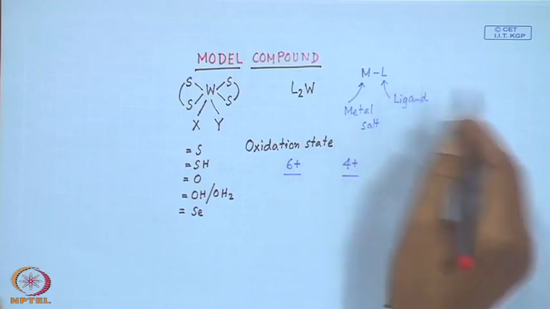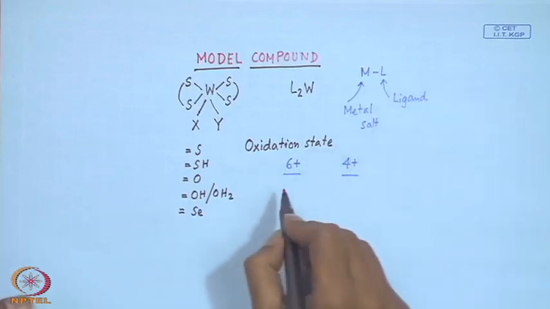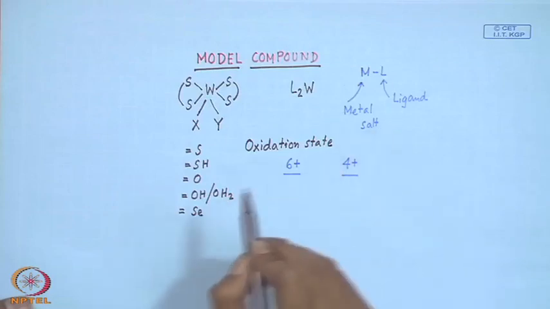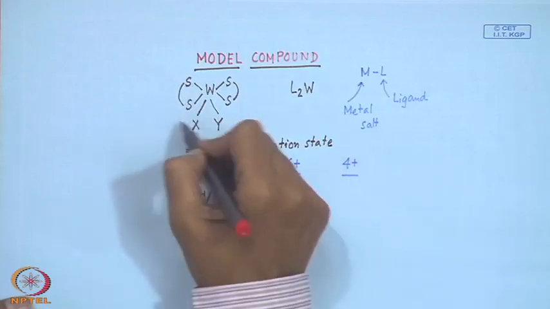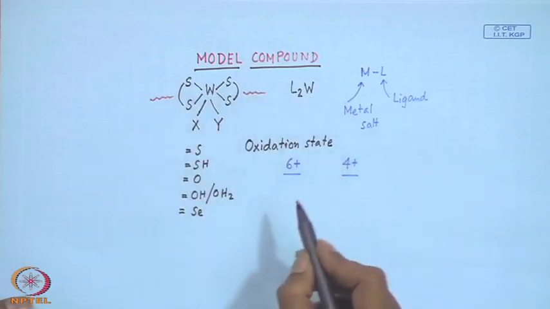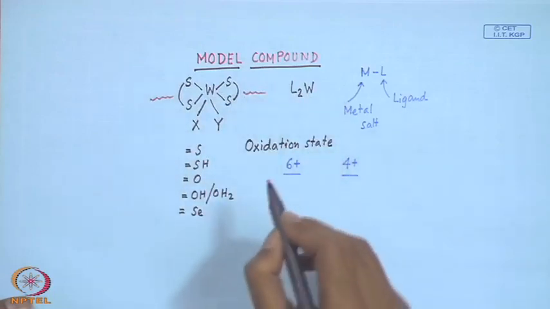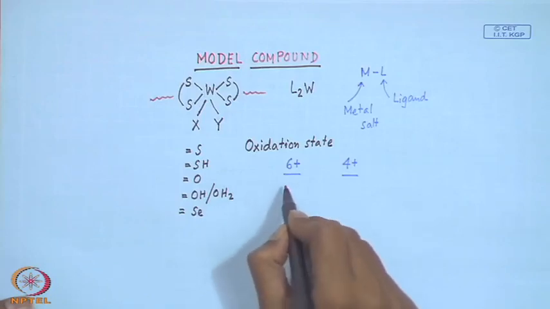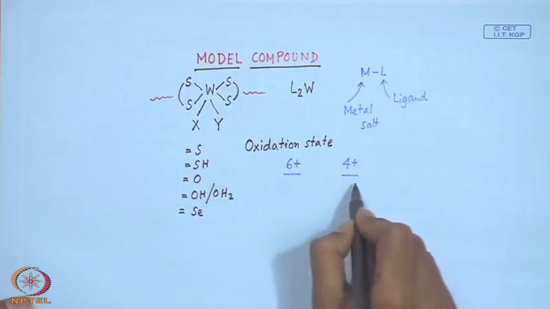So, depending upon the electronic stabilization, one particular ligand, if it is a dithiolene type of ligand but with a different backbone, since all the backbones are different, can stabilize the corresponding model compound in either the +6 or +4 oxidation state.